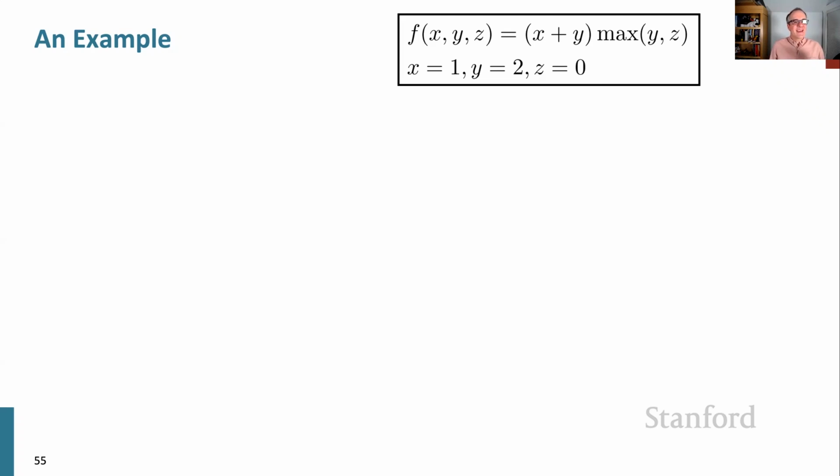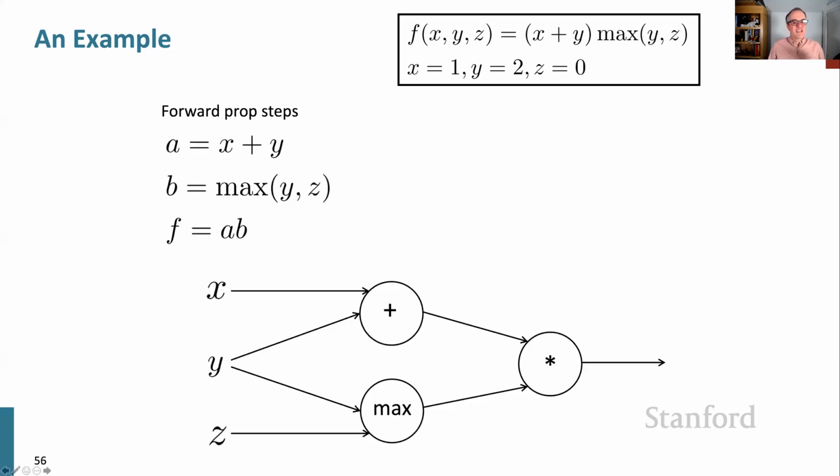And so we can say, okay, well, we want to build an expression tree for that. Here's our expression tree. We're taking x plus y, we're taking the max of y and z, and then we're multiplying them. And so our forward propagation phase is just to run this. So we take the values of our parameters and we simply start to compute with them. So we have 1, 2, 2, 0, and we add them to get 3.